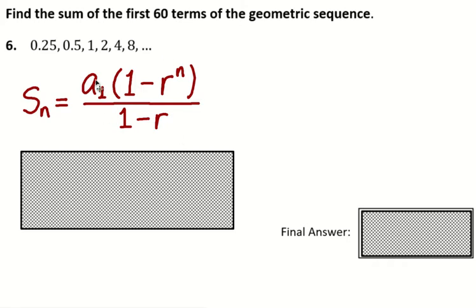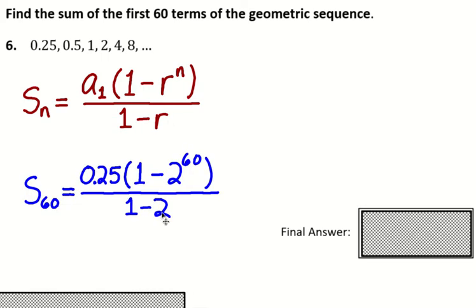And it looks like you just have to plug in for a sub 1 properly, which is going to be 0.25, the first term. R is, what's R? What are we always multiplying by? It looks like, especially when you look at these terms, it's easy to see that it's going to be a 2. And N is going to be 60, because we're adding up the first 60 terms. And there's another R, so bam, there it is.